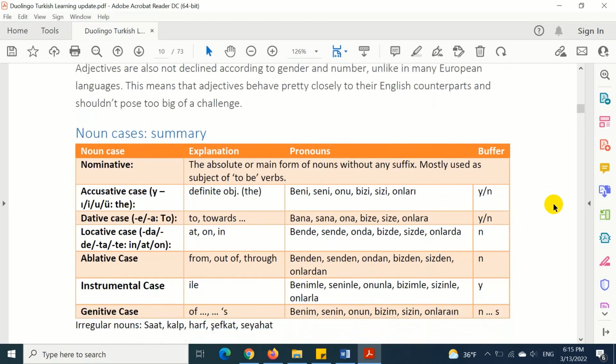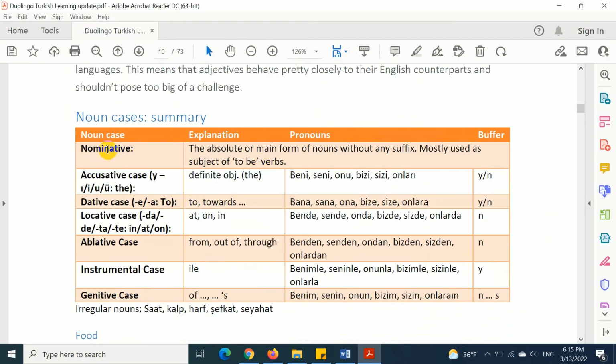Now let's generally review this. Nominative case, the main form of the noun without any suffix. Accusative case, when the noun is used as a definite object or direct object. We add these suffixes. Dative case, whenever the noun is used as a destination or indirect object, or whenever you are trying to convey the idea of towards a noun, so we use this suffix, considering the two-way vowel harmony.